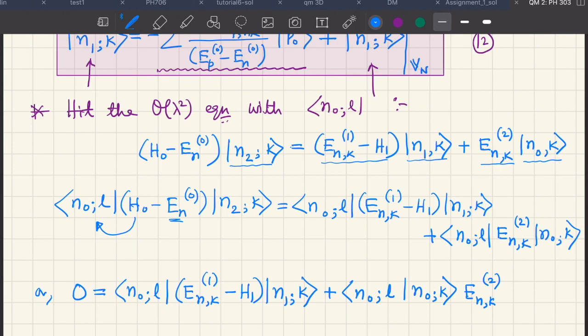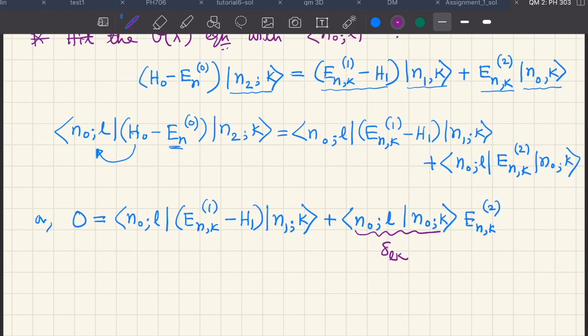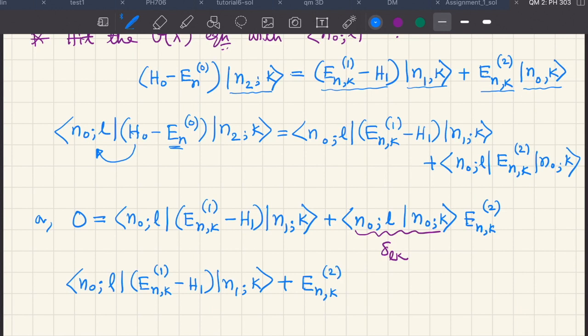So this I know already that this is nothing but delta_Lk. So the equation therefore remains like this, that <n0;L| (E_n^(k,1) minus H1) |n1;k> plus E_n^(k,2) delta_Lk equal to 0. This is our equation now.